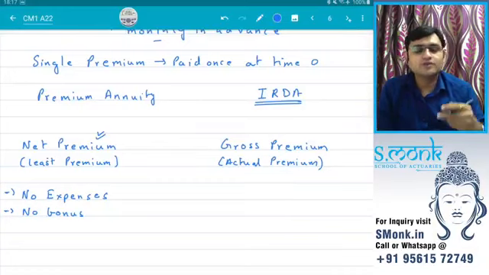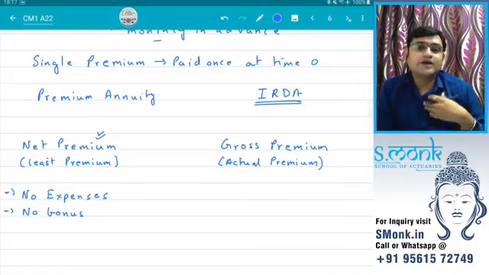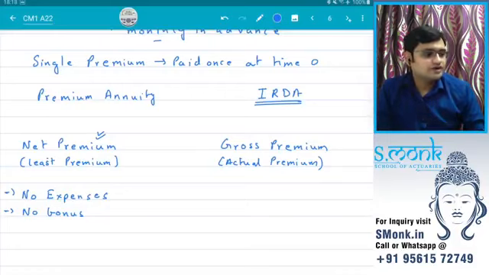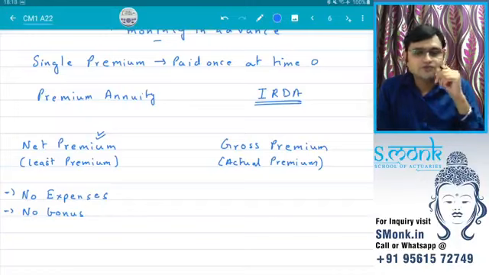We talked about with-profit contracts, in which we said there can be reversionary bonuses. So we can say today that we might give you a bonus in the future, but if the company did not make any profit, we might not give you a bonus. The chances are that bonuses may not be given. So assuming that in the future no bonuses would be given, what should be the premium?